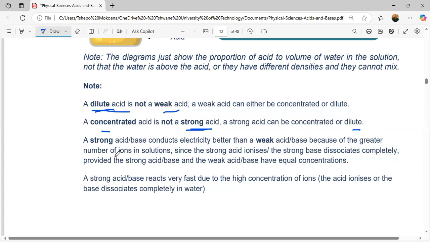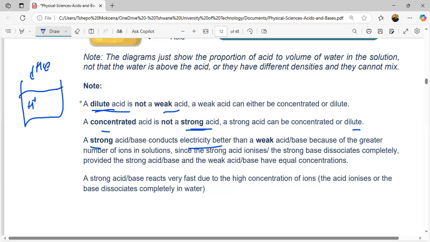Awesome. Now, the other thing that I want us to understand is, like I said, we're going to talk about the conductivity as well from the guideline. When I was explaining the guideline, I said that what you need to know is, when it comes to electricity, recall that if you take your water and pour your HCl, your hydrochloric acid, inside of water, you're going to form ions.